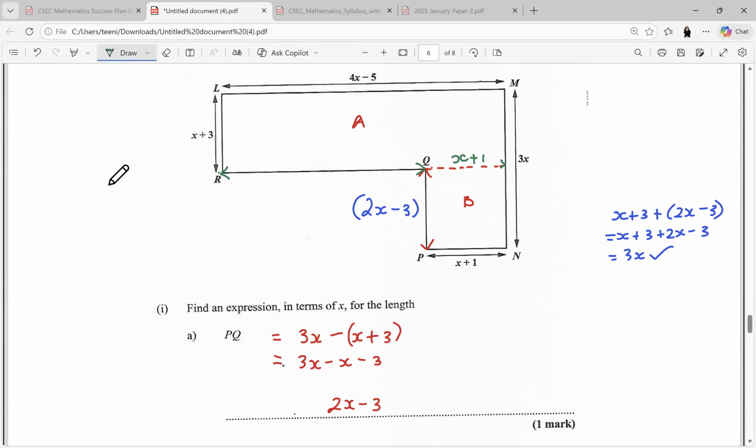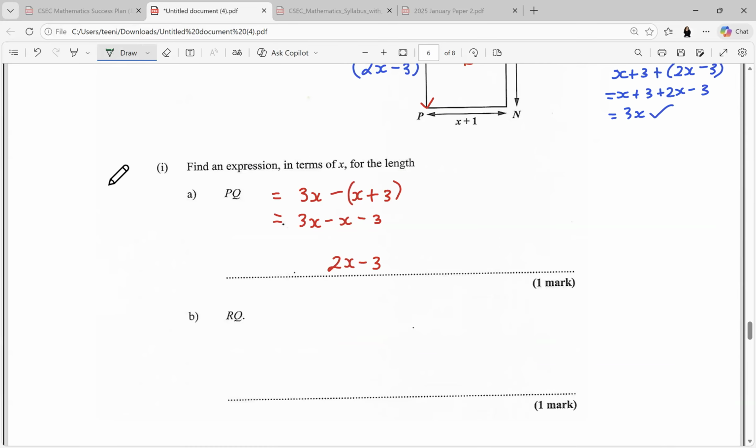So let's see what that would give us. 4x take away 5, take away x plus 1.